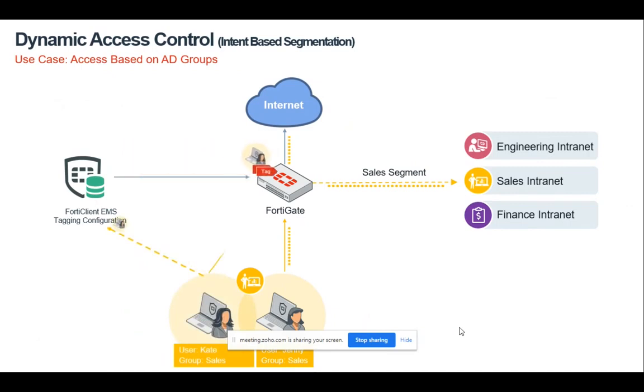When EMS sees this new group membership, the engineering tag is removed and a new sales tag is added to the endpoint and forwarded to the FortiGate. Based on this new tag, Kate now has access to the sales subnet and is denied access to the engineering subnet.